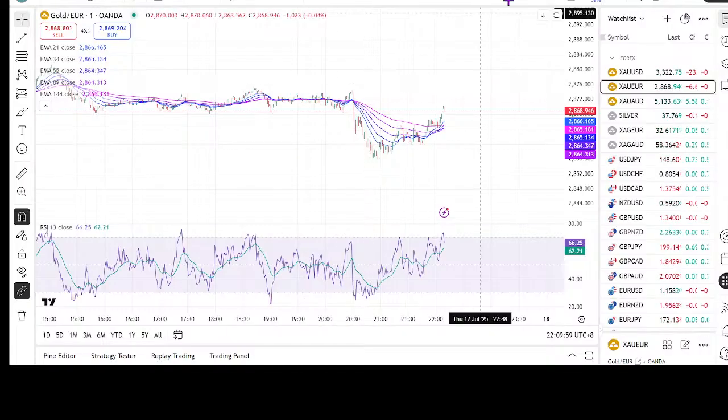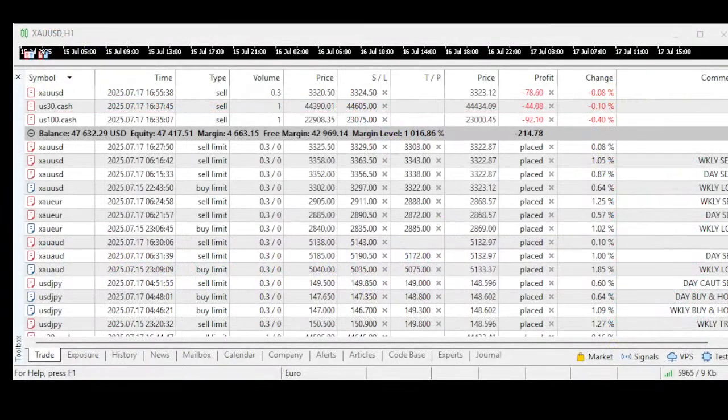So let's go for a re-entry on the euro pound. Sorry, gold euro. Because we are doing so many things, sometimes we get confused.